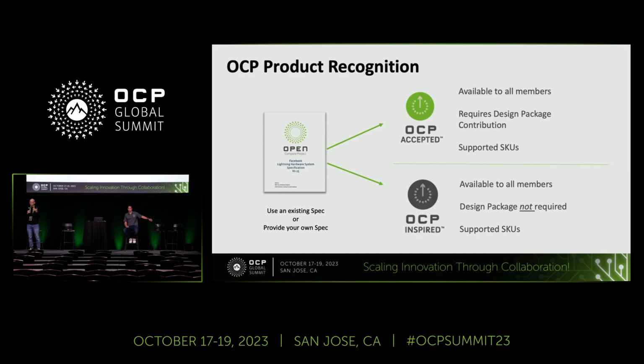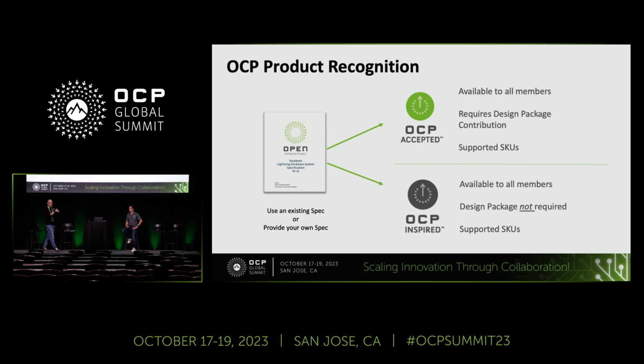The green logo, OCP accepted or open accepted, means the specification and design files have been contributed by the manufacturer, and the product is available. On the gray side, OCP inspired means that there is a specification associated with that particular product, but the design files are not available and have not been disclosed by the manufacturer for whatever reason.